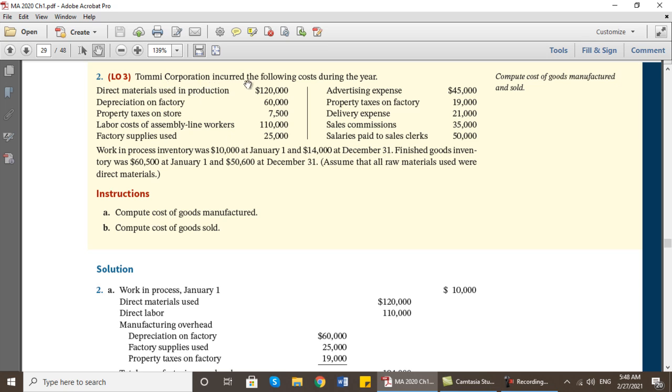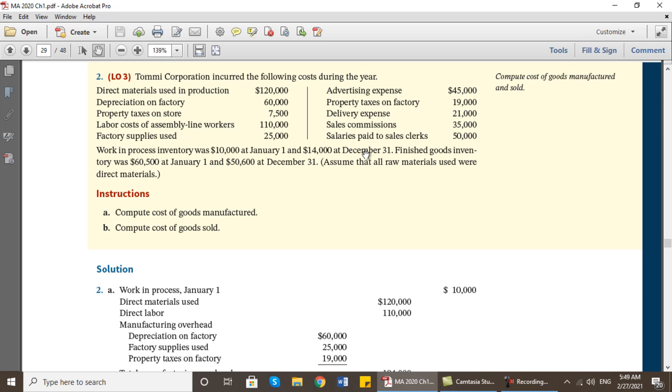T Corporation incurs the following costs during the year. Has a lot of cost. Work in process inventory was 10,000 on January 1st, beginning work in process, and 14,000 at the end of the year.